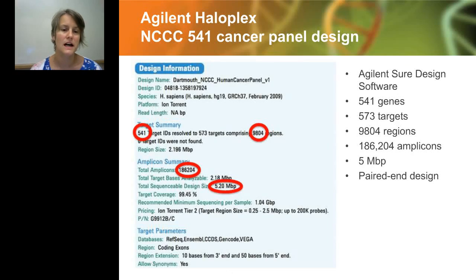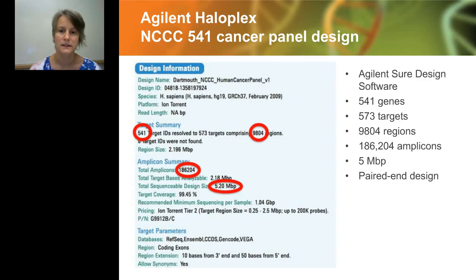So the design itself was 541 target genes, which resolved to 9,800 regions when taking into account the different sites that we could look at, and also different variants.